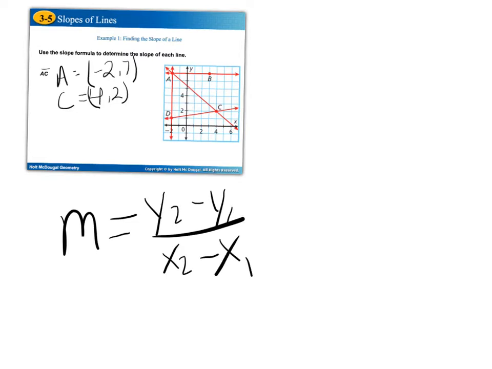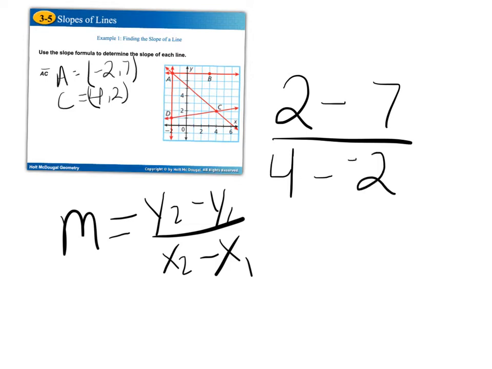I am going to pick these as my 2 points because C is written second. For AC, I'm going to pick this to be point 1. This is going to be point 2. The formula reads as 2 minus 7 over 4 minus -2.